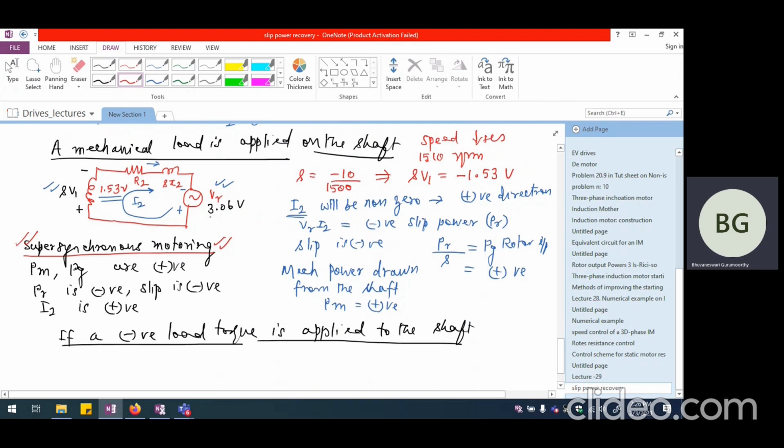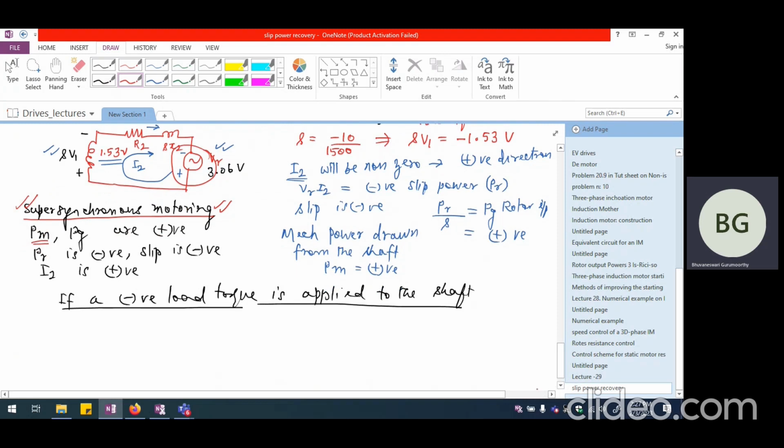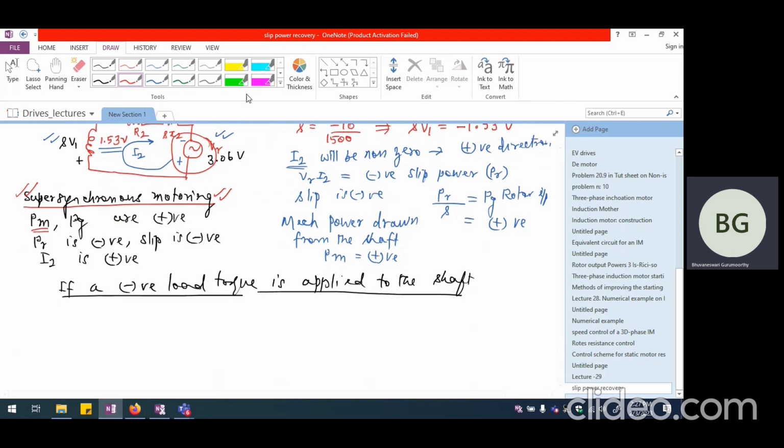Under that condition, I can adjust the kind of braking operation that is taking place, or how much is the torque developed in the shaft. That can be adjusted by adjusting the kind of voltage I'm applying from the rotor terminals. That can actually control the speed that the electric vehicle is operating at. So this is essentially super-synchronous motoring region, where the motoring torque developed by the shaft can be adjusted as per requirement by adjusting the voltage VR, which is applied to the rotor terminals.